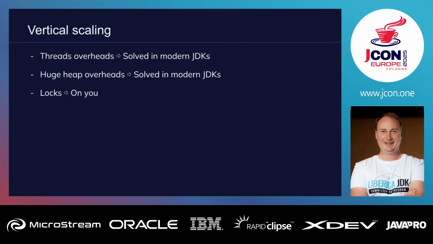So we can scale vertically easily now, right? We can have a lot of threads, not a problem anymore. We don't need to write asynchronous code. We have a lot of memory, and we have low latency GCs managing that for us. But we must not be stupid, right? And we don't have to wait on locks all the time instead of performing the work in parallel.